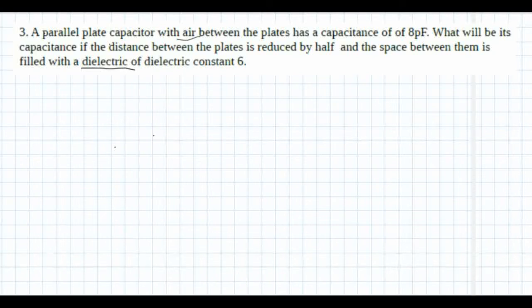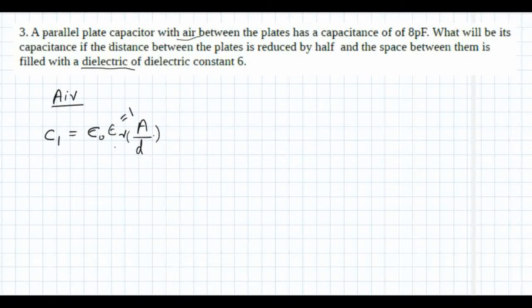For the first case, that is for air between the plates, let C1 be the capacitance. C1 is equal to epsilon 0 epsilon r into A by d, because it is a parallel plate capacitor. But for air, the value of epsilon r is 1.